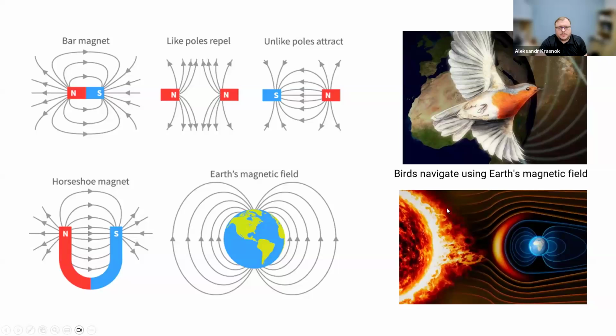Another fact, a pretty important one, is that our Earth's magnetic field actually protects us from the sun's radiation. The sun emits a lot of charged particles like protons, electrons, and these particles create different ions and so on, which are harmful to us, and the magnetic field protects us from this dangerous and harmful effect of radiation.